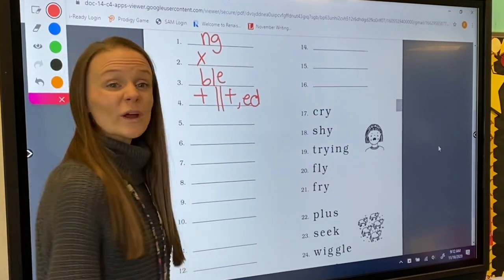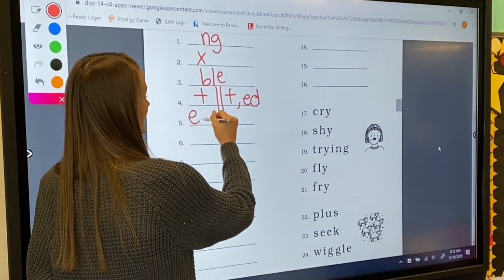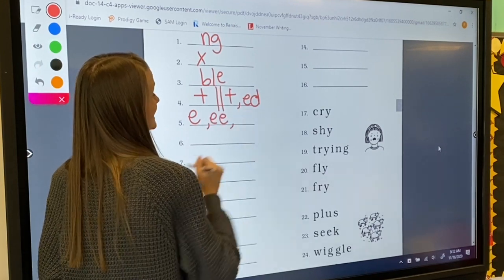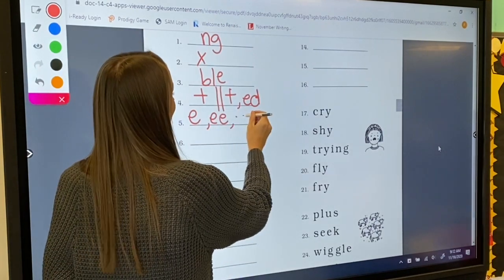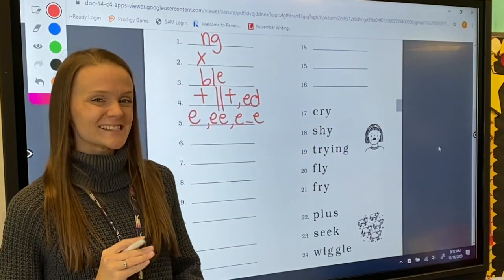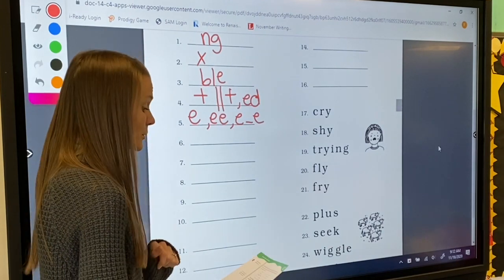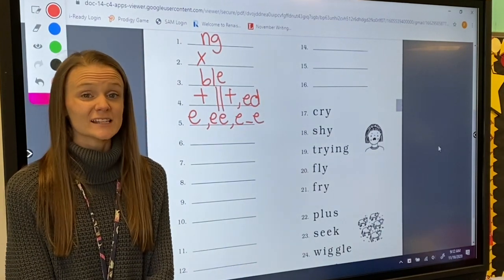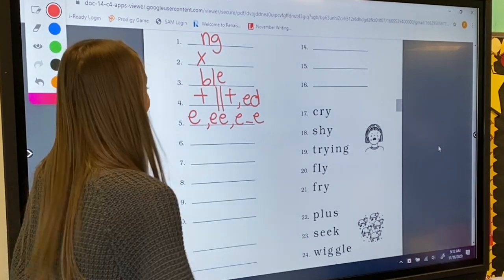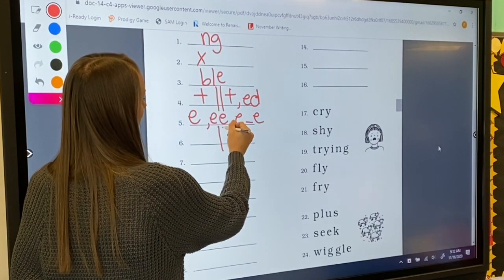Excellent! For number 5, my letter sound is E. We learned that letter E can make the E sound, the digraph E can make the E sound, and E consonant, sneaky E can make the E sound. For number 6, my letter sound is K. So again, I'm going to divide my line in 2 parts.